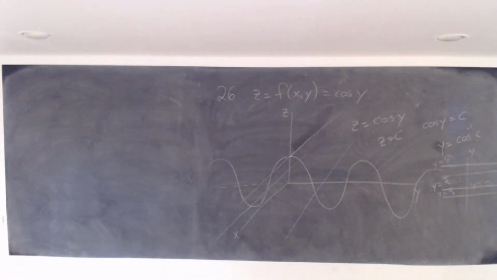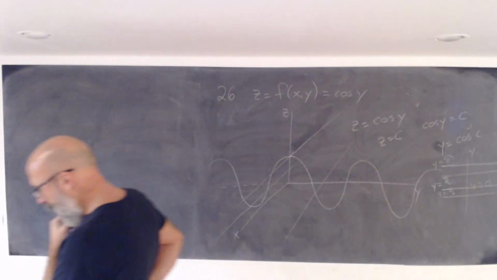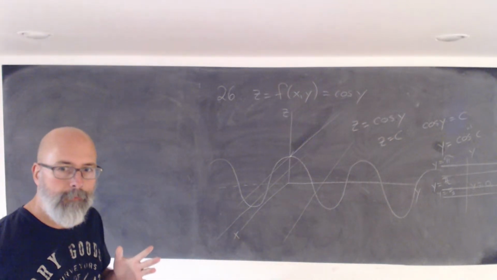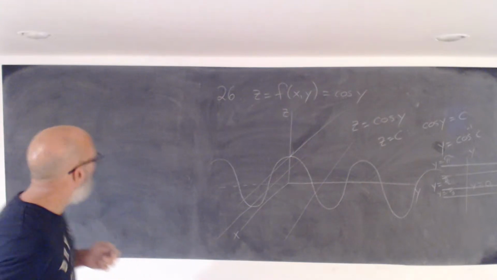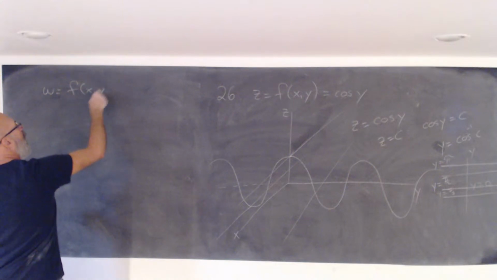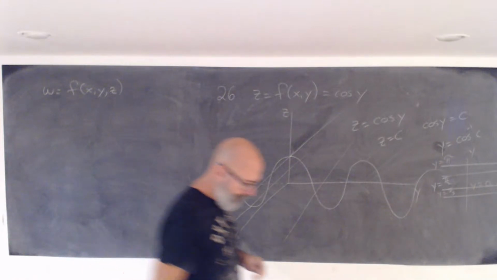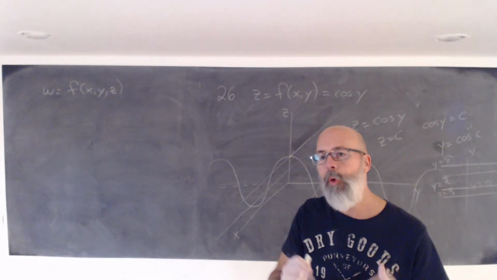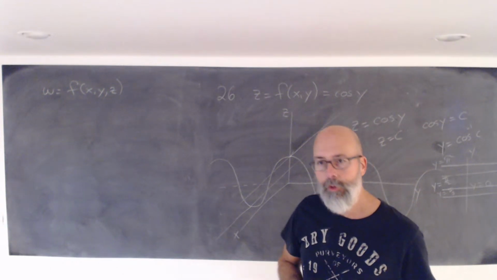Now, this idea of level curves extends to higher dimensions. If you have w as a function of x, y, and z, so now we have a four-dimensional object, essentially impossible to graph.